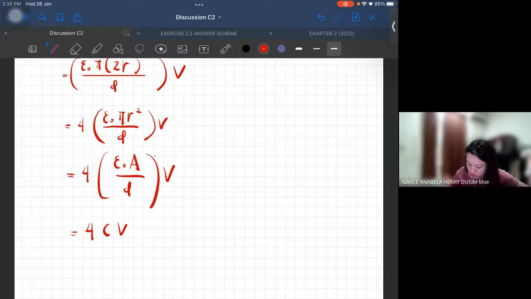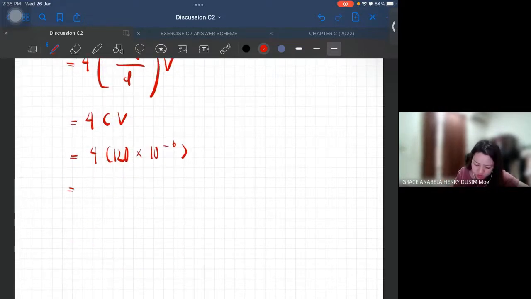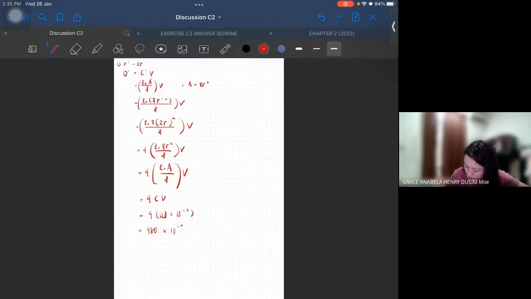So substitute 4 times 120 times 10 to the power of negative 6, which gives us 480 times 10 to the power of negative 6 coulomb. Okay, can you understand?